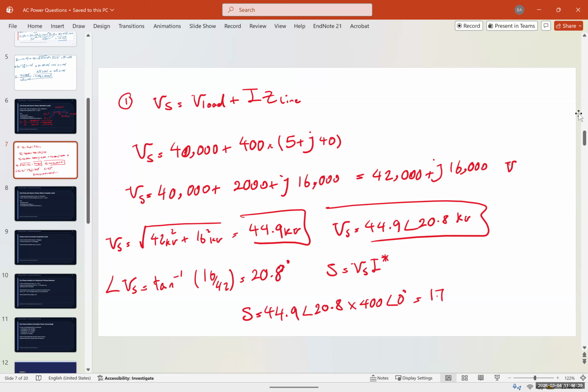We get 17.98 with an angle of 20.8 degrees megavolt amps. If you want to convert it to rectangular form, S would be equal to 16.8 plus j 6.4 megavolt amps. Both of them are correct.